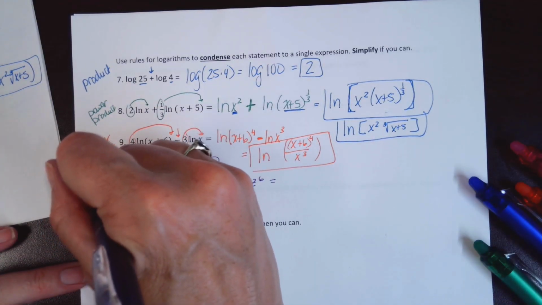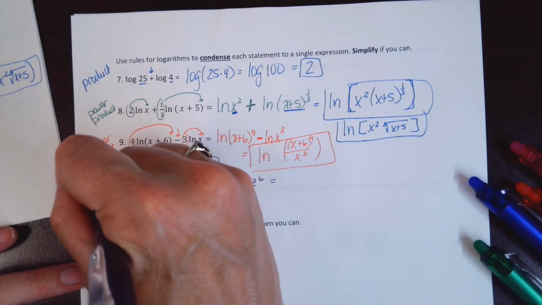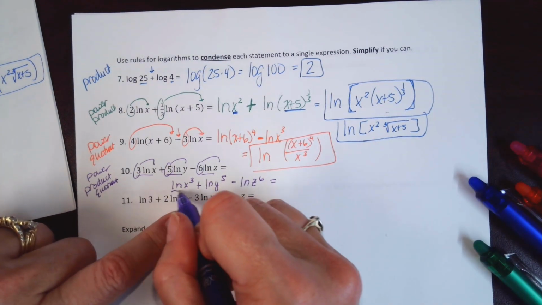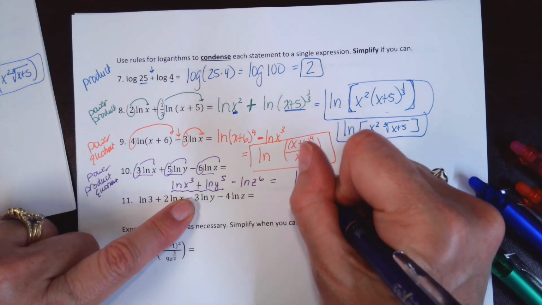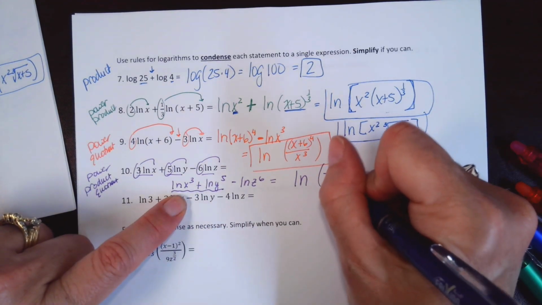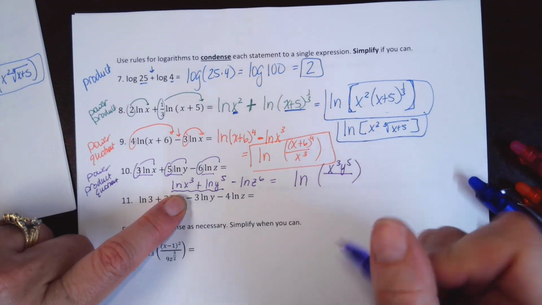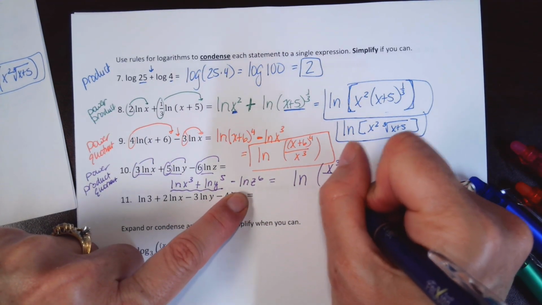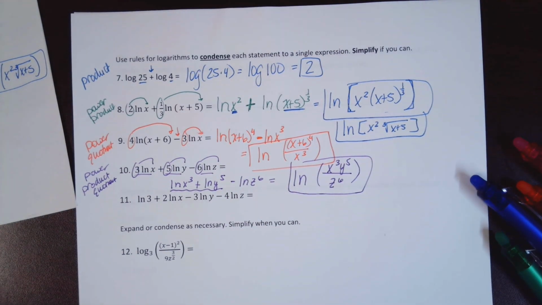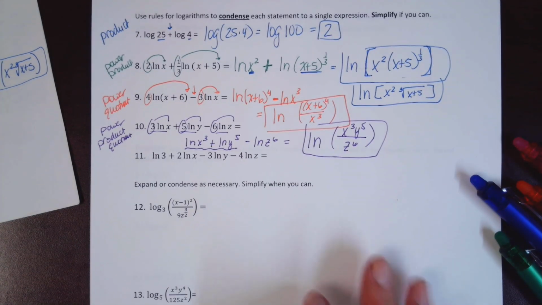So I'm going to use both the product and the quotient rules there. These two are being added, so when I write it as a single natural log statement, those 2 arguments go in my numerator, x cubed y to the 5th. The thing that's being subtracted, that argument goes to the denominator. And that's it.